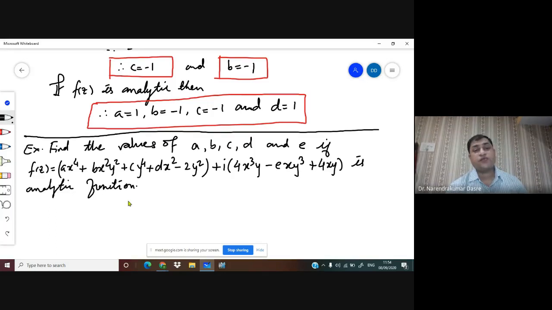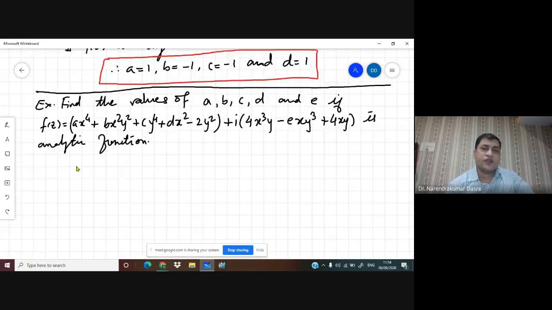Okay, so be careful while writing the coefficients, because accordingly we will be getting the value. So we have to be careful while writing our function.